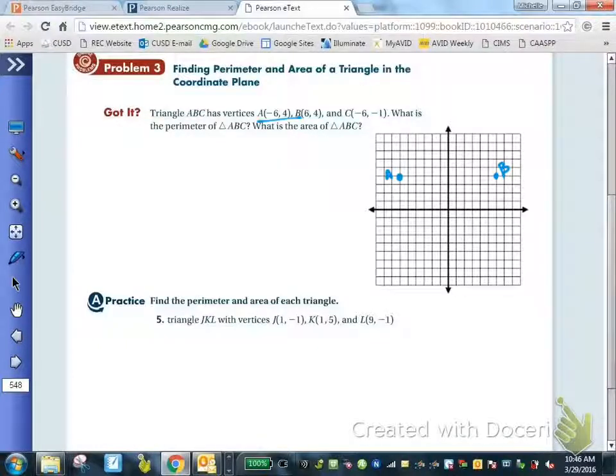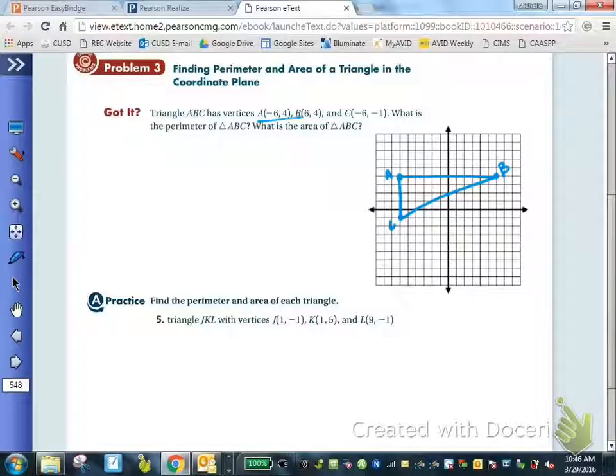And C is at -6, -1. So here's my triangle. Okay. What is the perimeter and area of ABC?